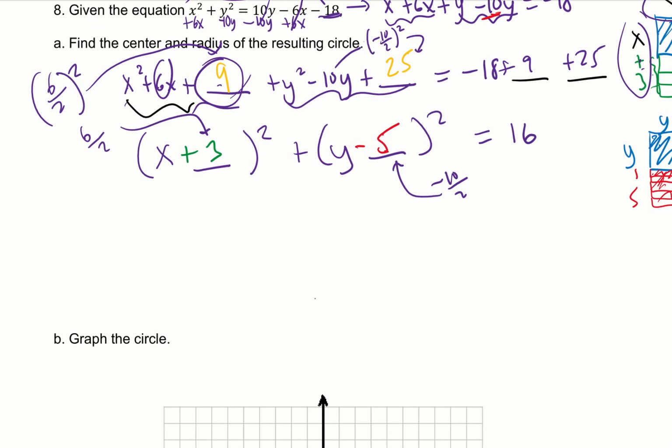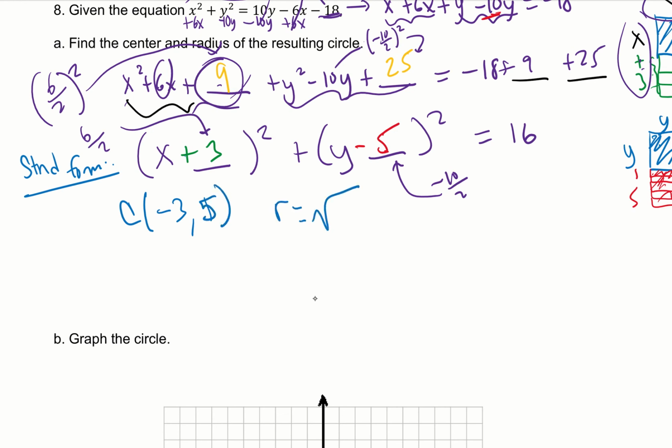In any case, we have the standard form of a circle. This is now in standard form, so we can identify the h and k. Remember what I mentioned earlier is that you switch the signs. If it's positive, it's negative for the h. If it's negative, it's positive. So it's going to be positive 5 for the k, negative 3 for the h. The radius is always going to be the square root of that number, which is going to be the square root of 16, which is 4.